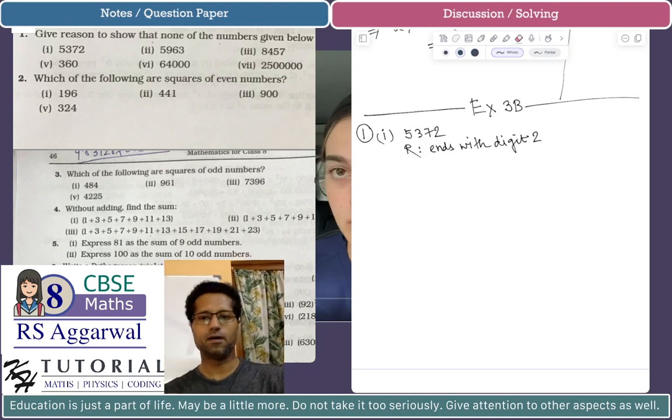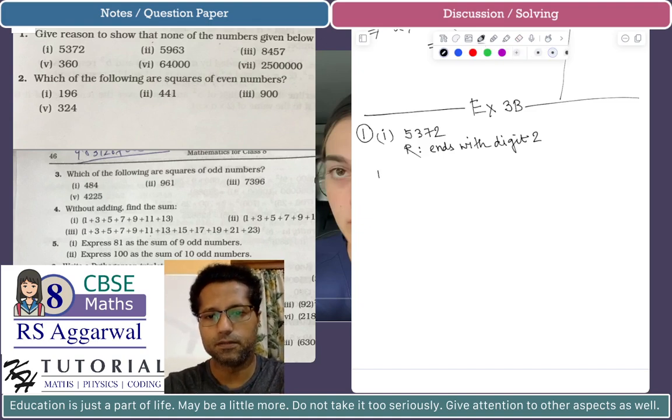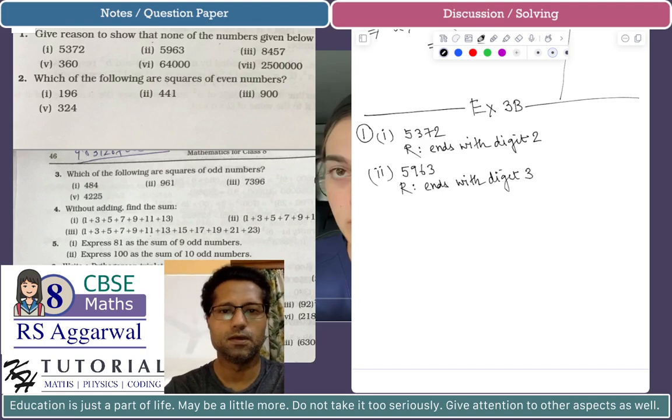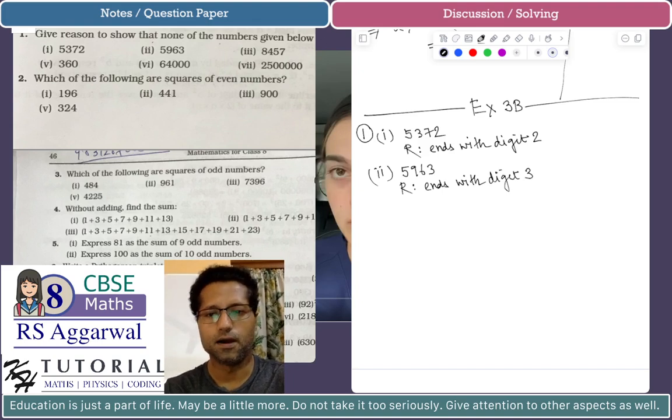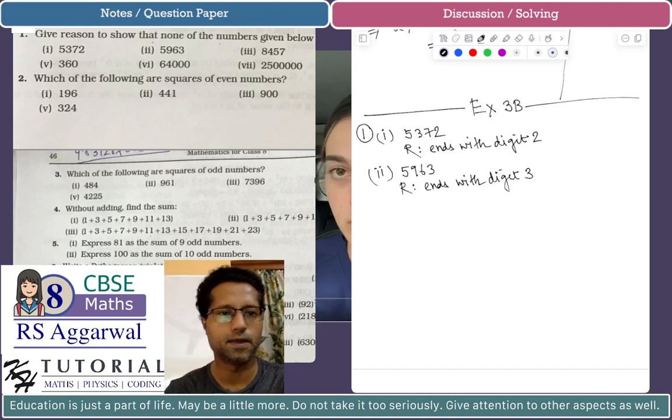Similarly, 5, 9, 6, 3 cannot be a perfect square because it is ending with the digit 3, and we know that any number that ends with the digit 2 or 3 or 7 or 8 cannot be a perfect square. Okay, so 3, 8, 4, 5, 7 is ending with the digit 7, so it is not a perfect square.